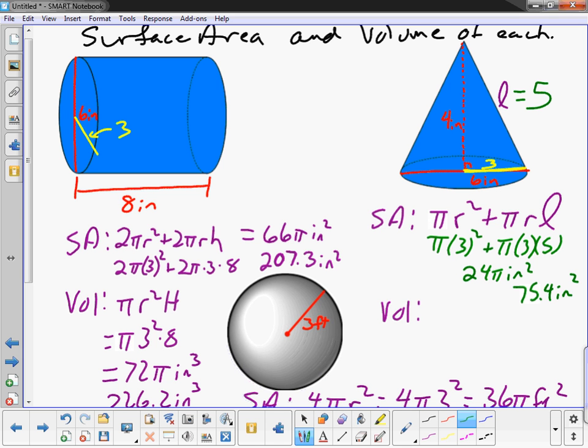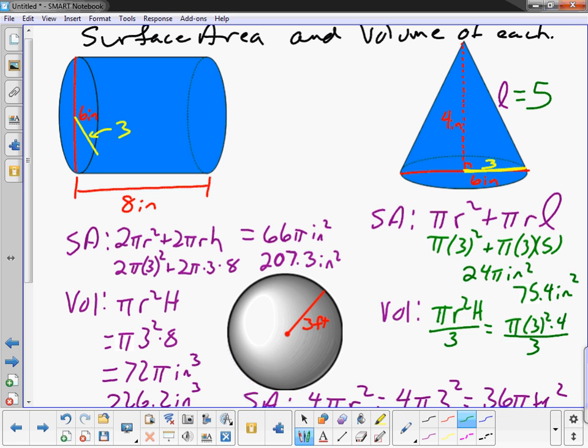Okay, the volume inside this, according to my formula, is pi radius squared times the height divided by 3. So if I plug in my numbers, pi times 3 squared times 4 divided by 3 gets me 12 pi cubic inches. And if I actually multiply that out, well, that doesn't look right.